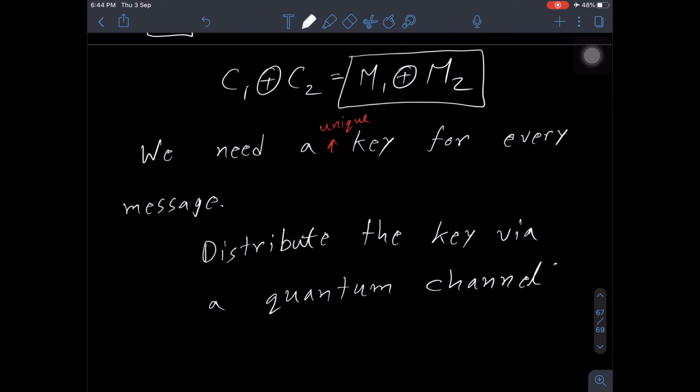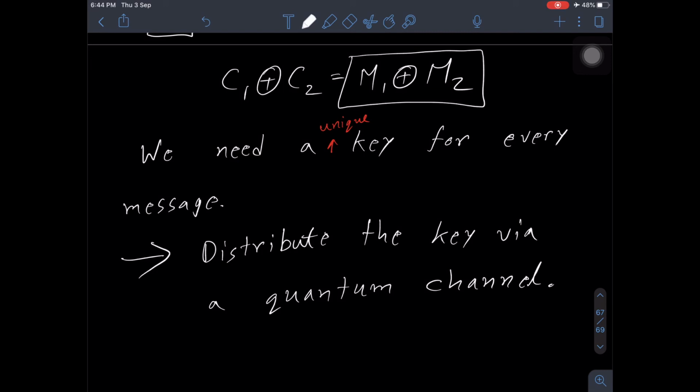Okay, this is the most important message in this video, that the encryption key will be distributed via a quantum channel. Once it is distributed among Alice and Bob, then they can encrypt their message and send it via a public channel. That's not a problem. So your messages will be sent via a public channel, but the key, which we denoted by K, and which we will use to encrypt the messages, will be shared via a quantum channel.